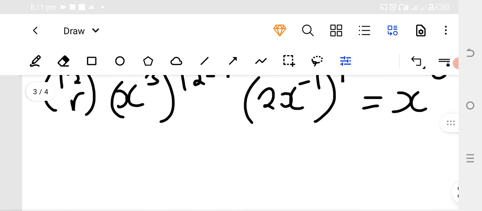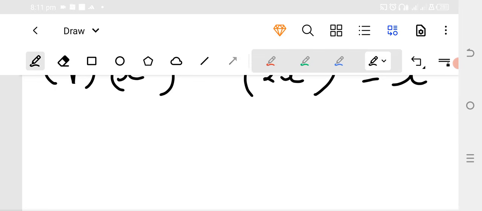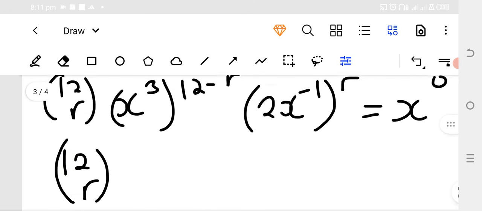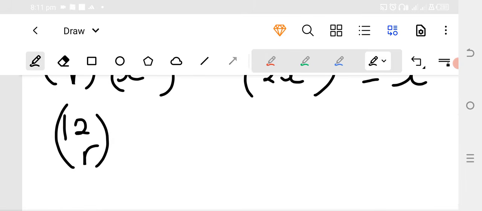In this case, all the coefficients and all the variables will be grouped together. So what I mean is 12 combination r will be like that. And then we have 2 to the power r, which will also be grouped like that.